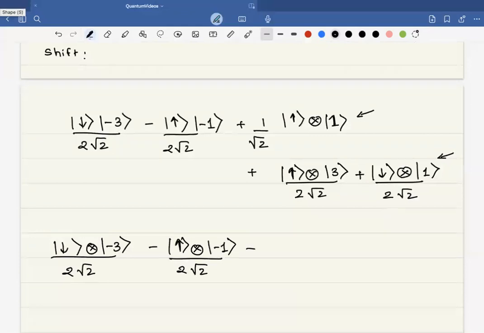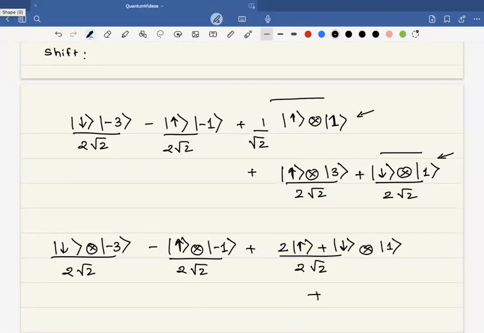And then plus, if I collect the terms for the 1, I can write these two terms collectively as 2 up plus down over 2√2 tensor 1. And finally, this last one, which is up tensor 3 over 2√2.